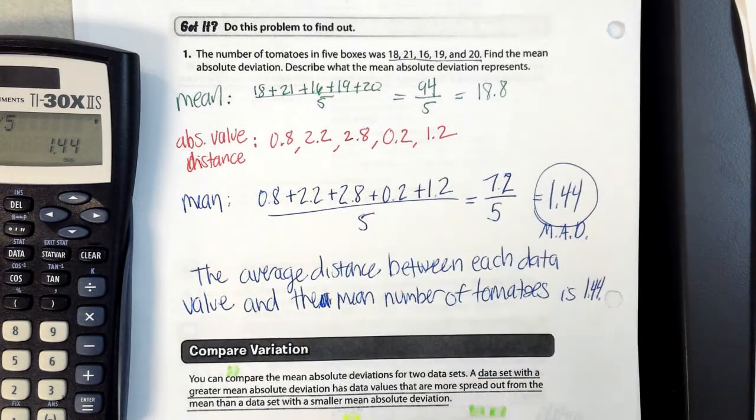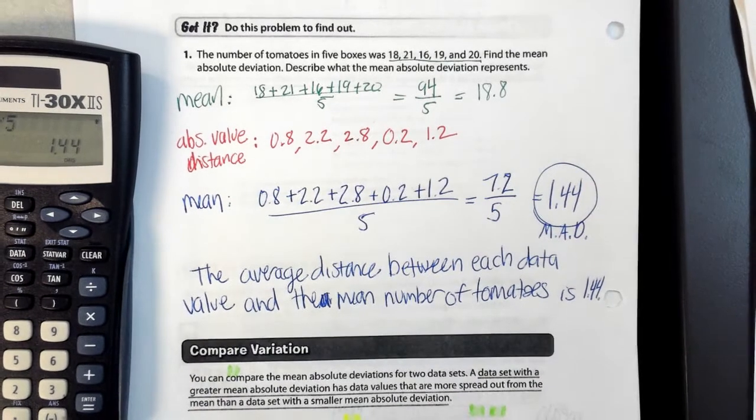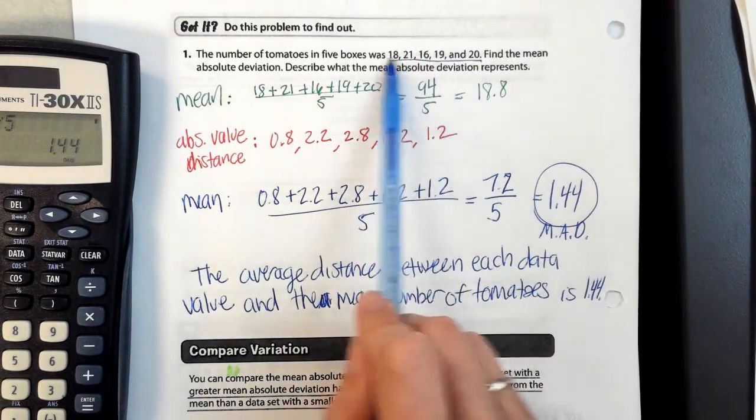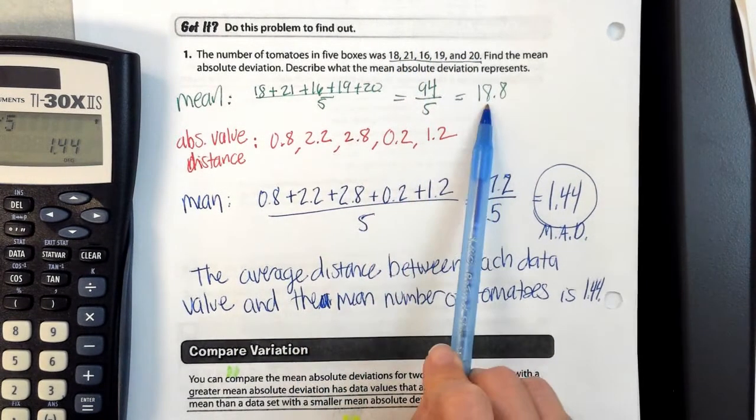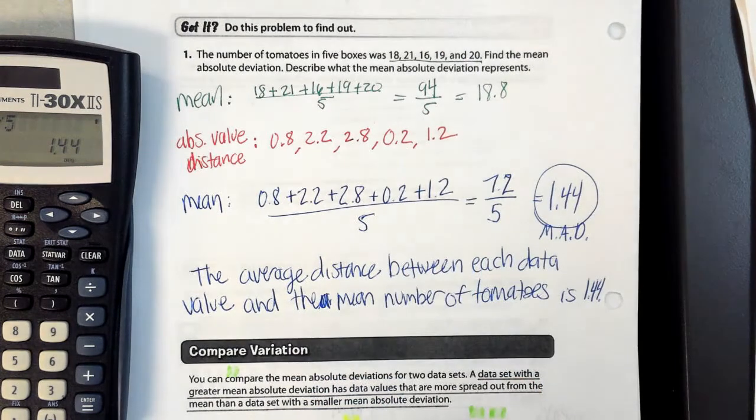So it's saying the average distance between these numbers and this is 1.44.